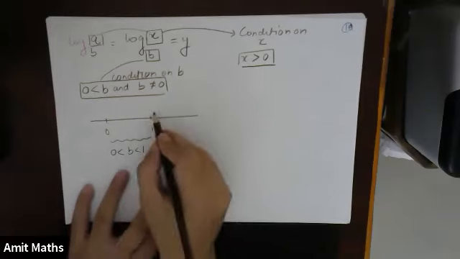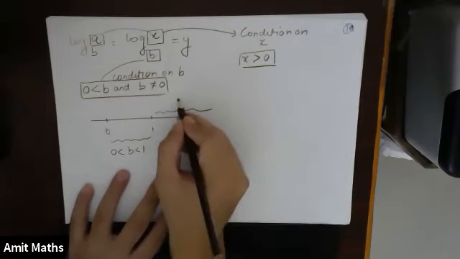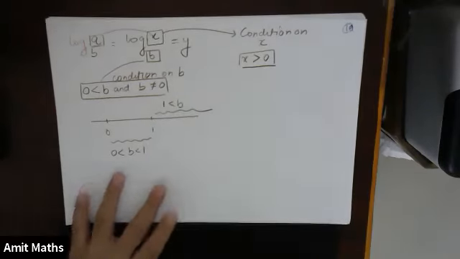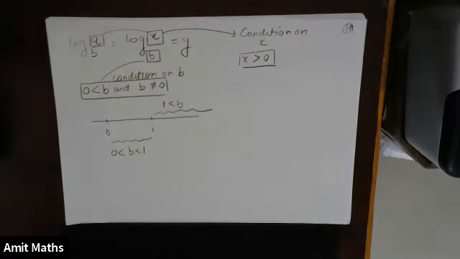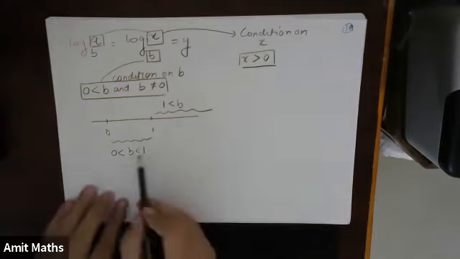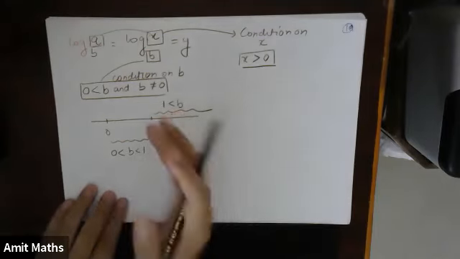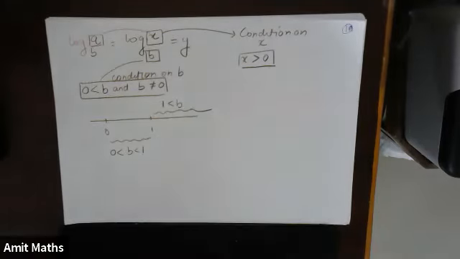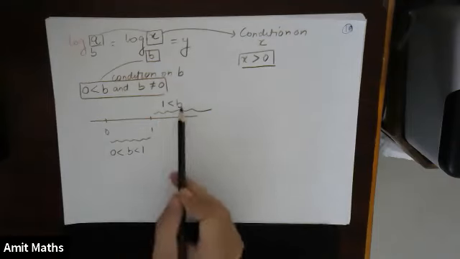And for this part, base b will be greater than 1. So this base b is divided into two different parts. I'll differentiate these two parts and discuss the properties of the log function for different bases.